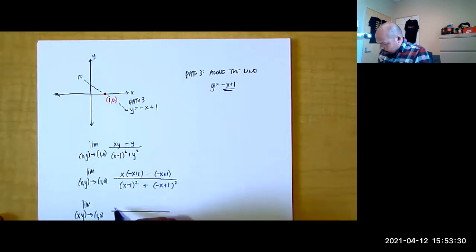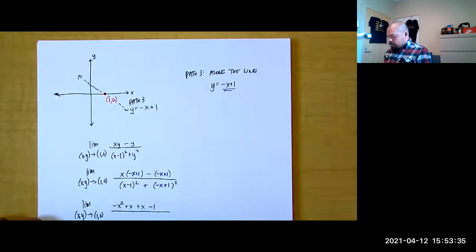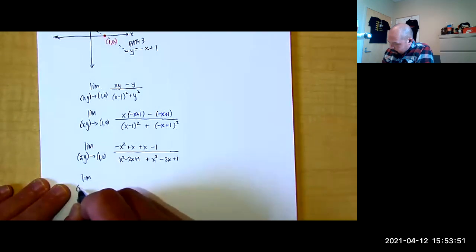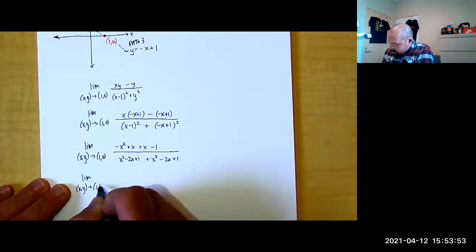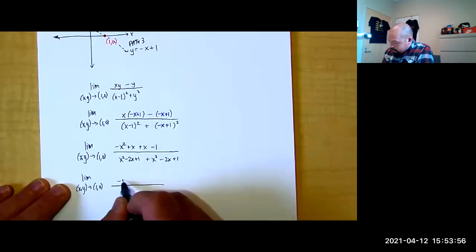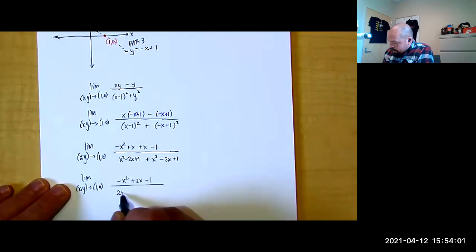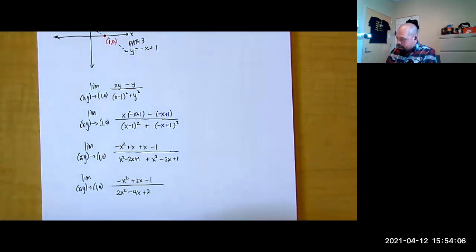Now starting to compute, negative x squared plus x minus 1 over x squared minus 2x plus 1 plus x squared minus 2x plus 1, right? So foiling out those two, negative x squared plus 2x minus 1 over 2x squared minus 4x plus 2, combining my like terms.